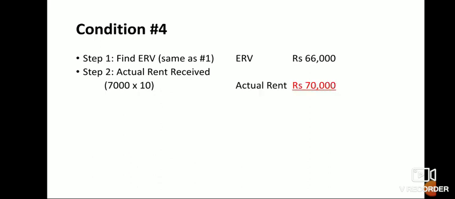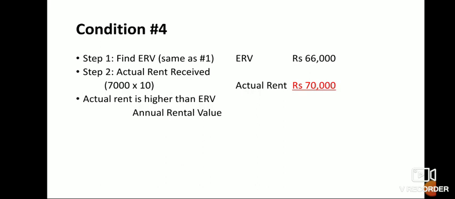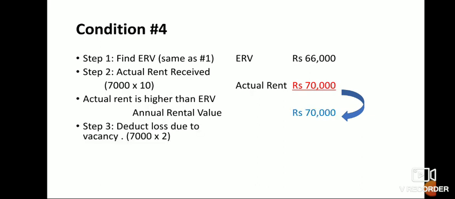So your actual rent is rupees 70,000. Actual rent is higher than ERV, so your annual rental value will be 70,000. Here we will deduct the loss due to vacancy. Loss due to vacancy is for 2 months, so 7,000 into 2, which comes to 14,000. So the final annual rental value is 56,000.